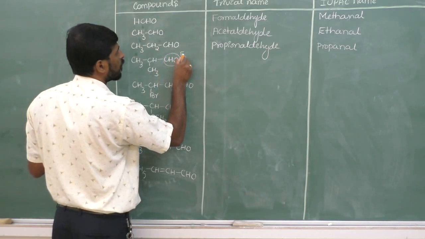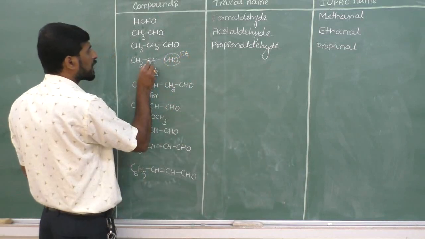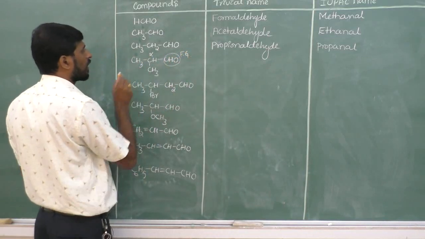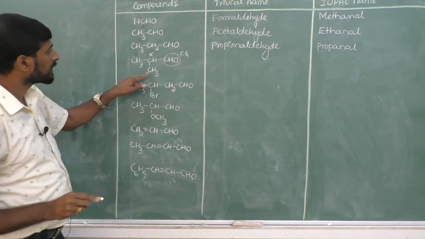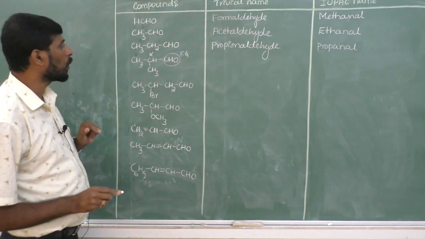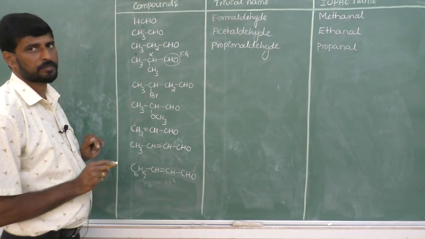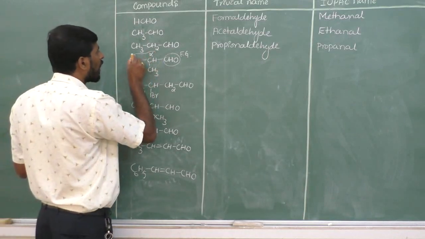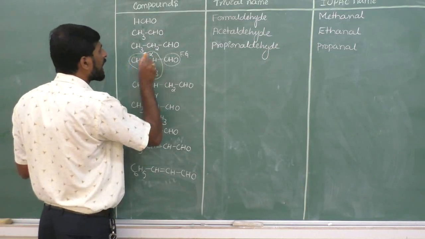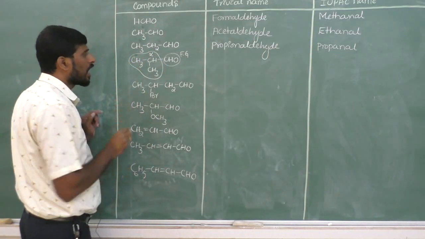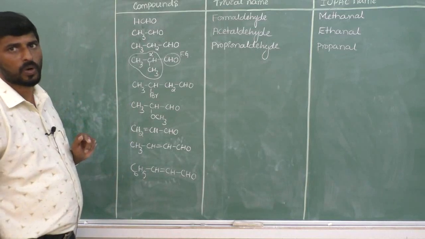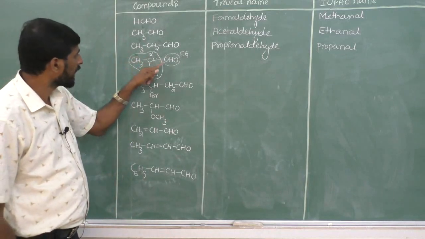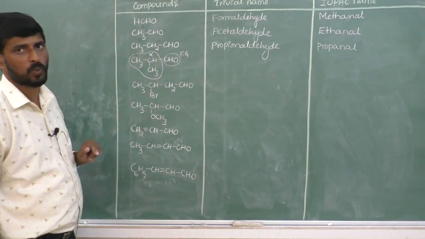This carbon atom is alpha. Now, a methyl group is attached to the alpha carbon atom. But if you consider this group, the entire group is called iso.